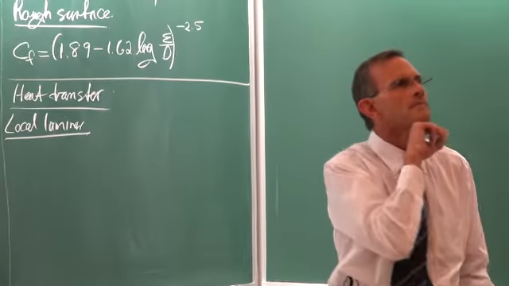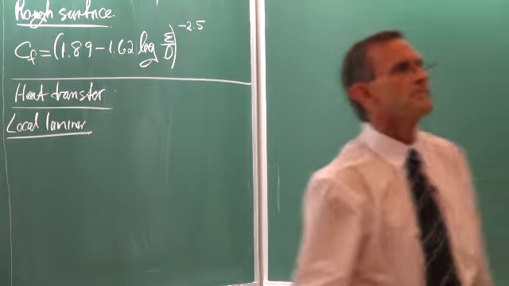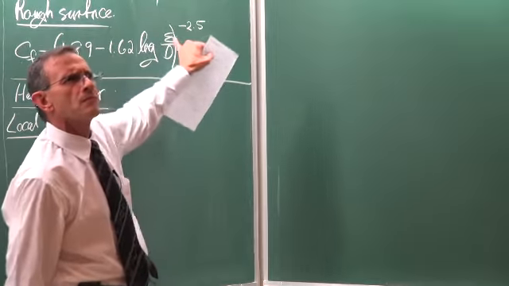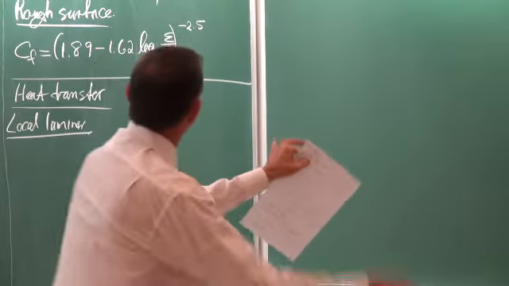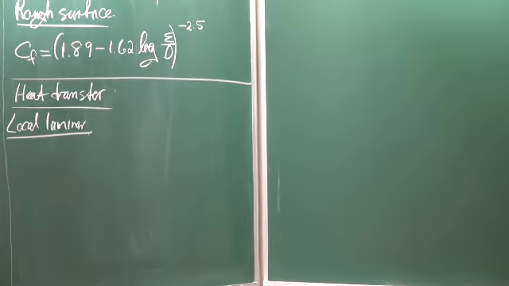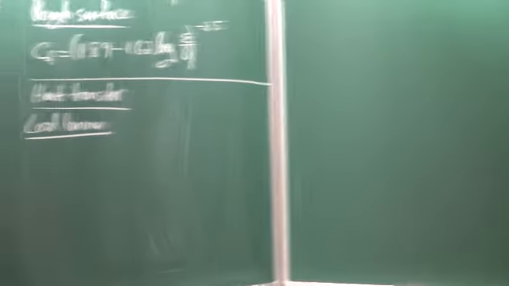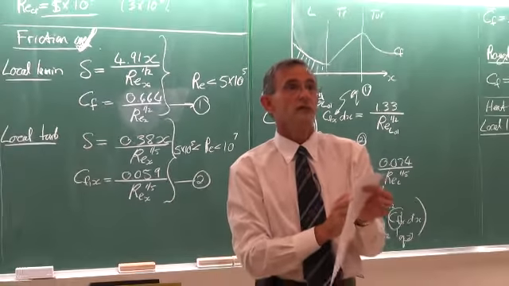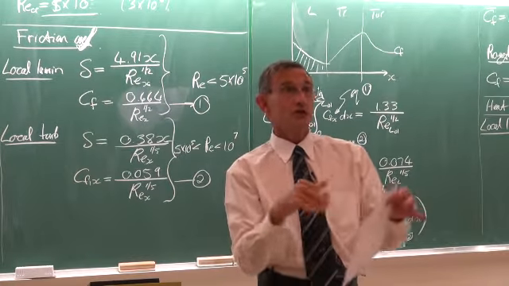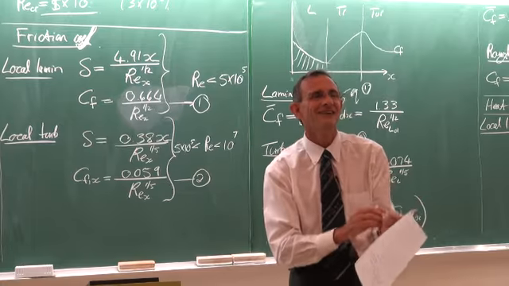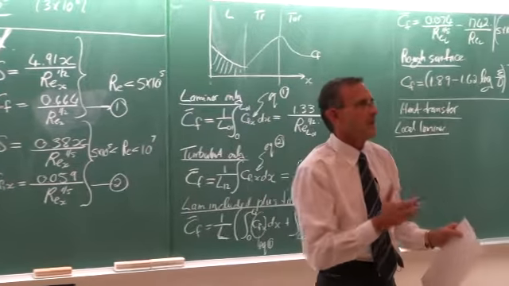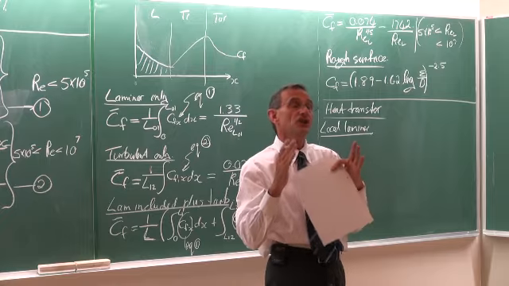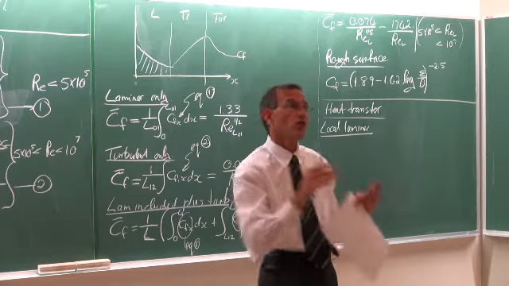So I was going to ask, for that rough surface CF, is there not another laminar and turbulent region if there's a rough surface? The question is, is there a laminar and turbulent regime if there's a rough surface? Unfortunately, it's not a simple answer. The laminar regime becomes smaller and smaller.